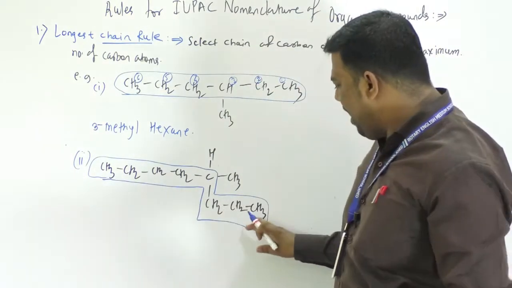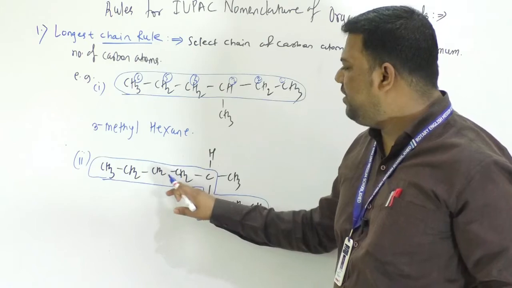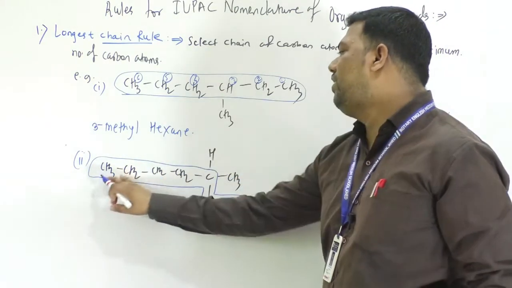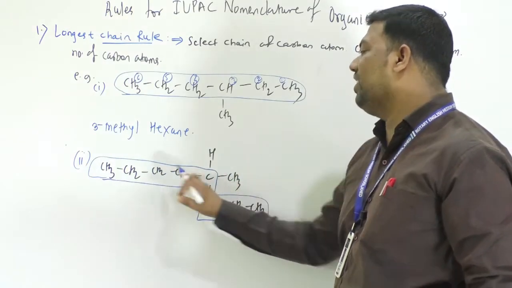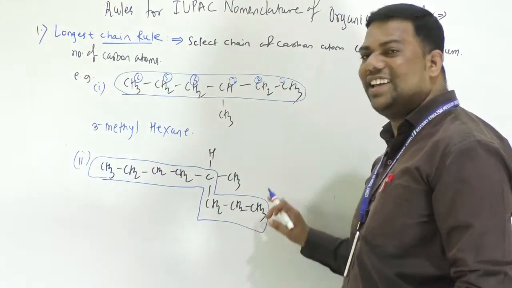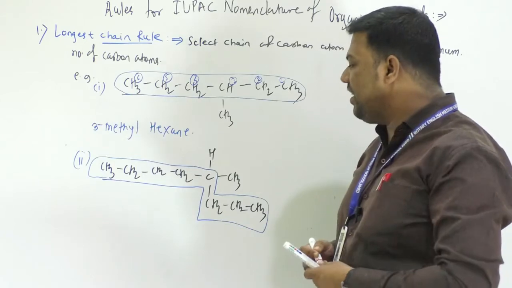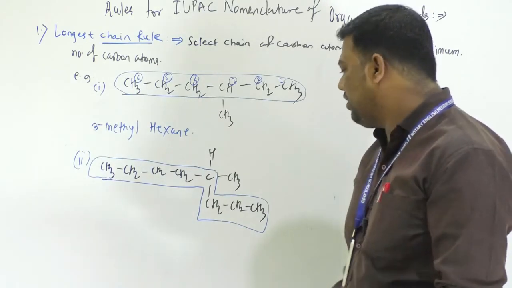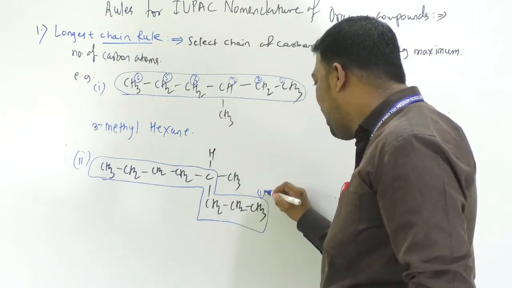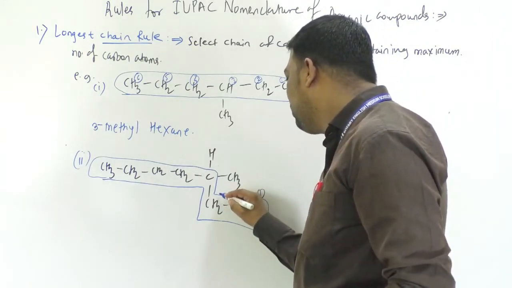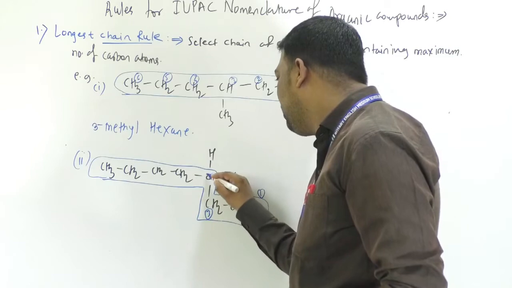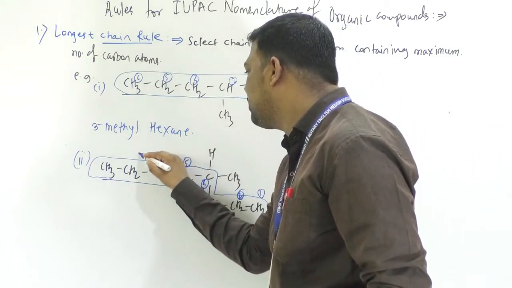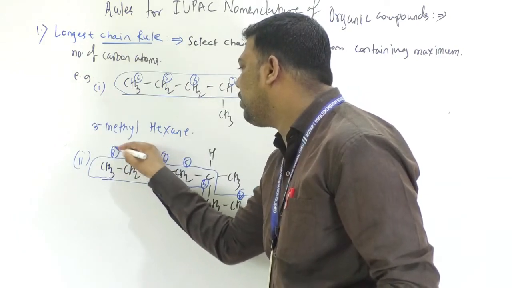1, 2, 3, 4, 5, 6, 7, 8. If you count this, how much here? 2, 3, 4, 5, 6 only. This is the longest, 8 carbon atoms. Now simply we have to do numbering: 1, 2, then 3, 4, 5, 6, 7 and 8.